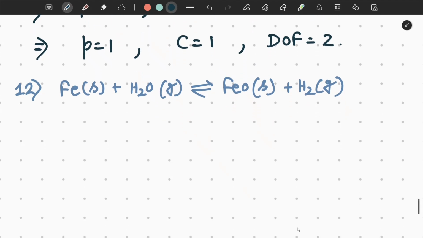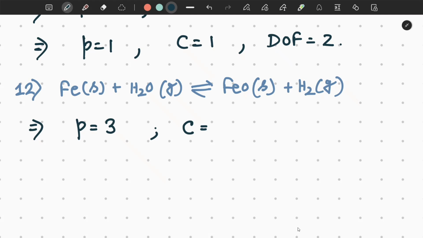So what will be the number of phases? Three. Correct. H2O is gas. Yes, two solids are there and one gas. H2O will not be in liquid. No, it is written gas now.